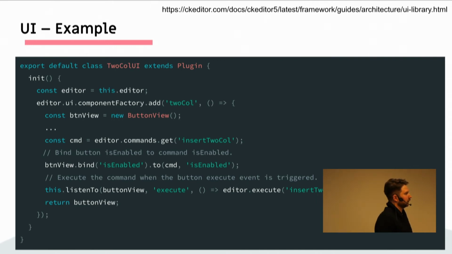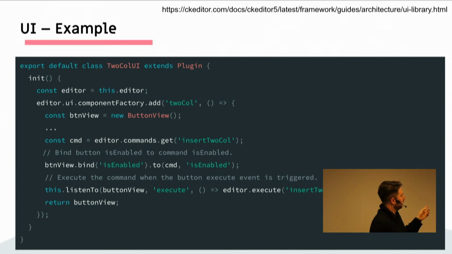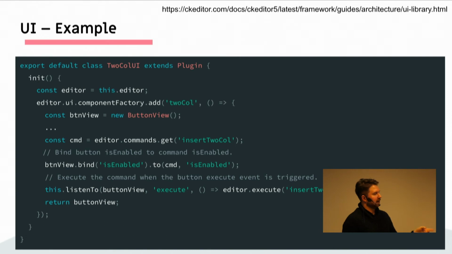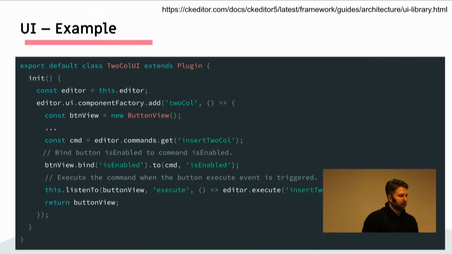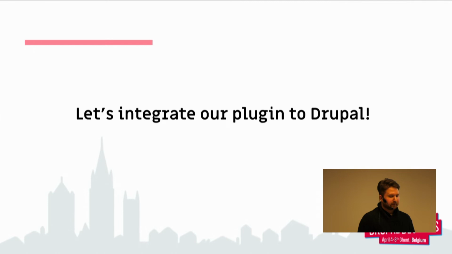The button is disabled for that reason. Then we also have to map the button view execute event to execute the insert to-call command. So that's the command which we created earlier. Basically that is all that is happening at the UI level. We just tell it to execute that command which we created, and that's all. So that's all that you need for creating this plugin in CKEditor.